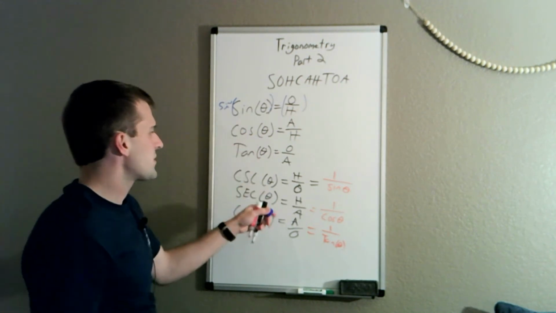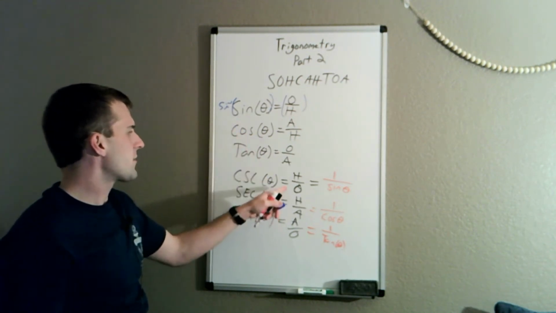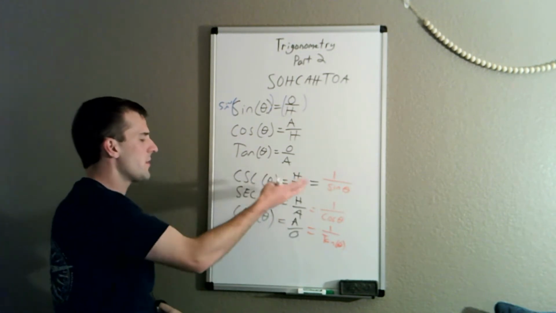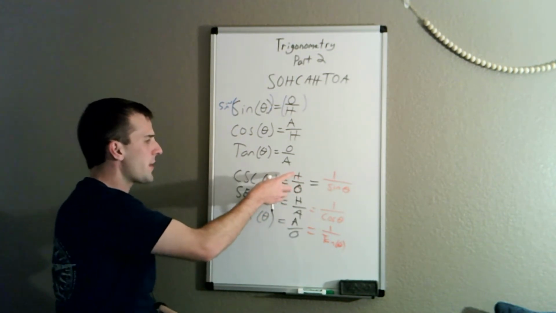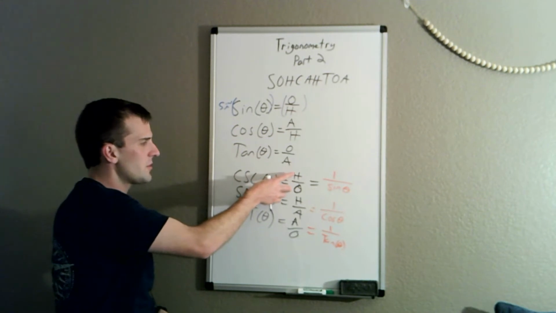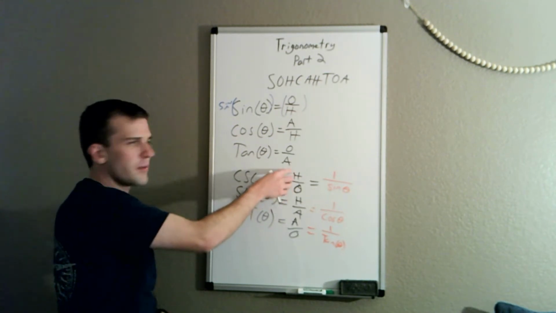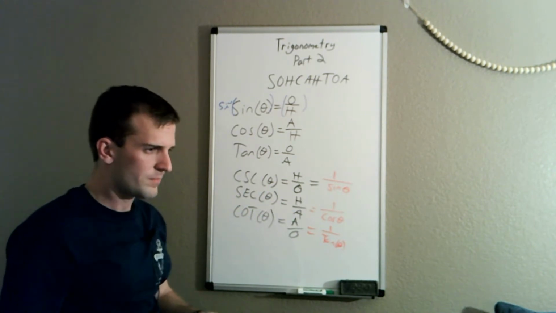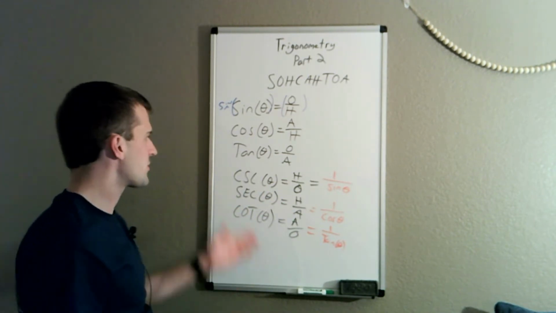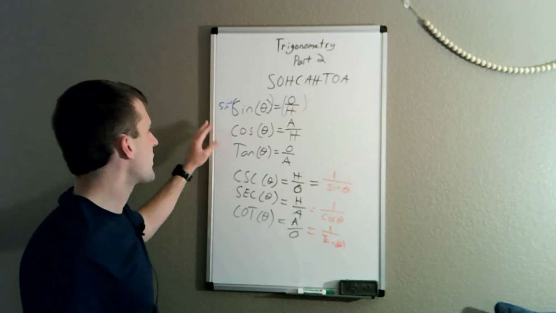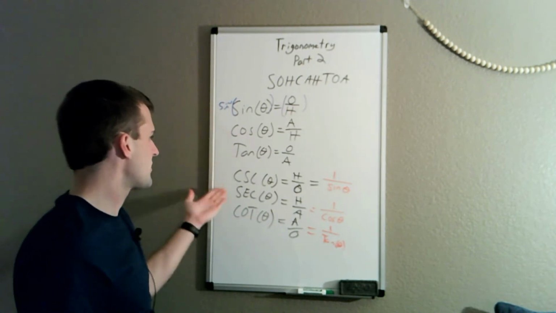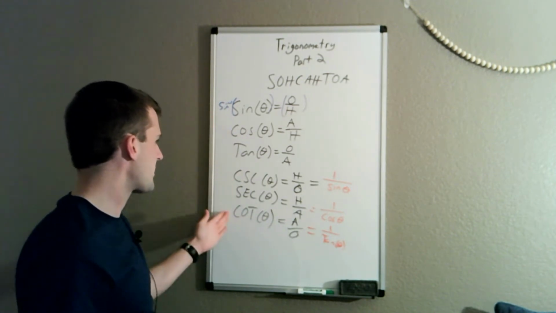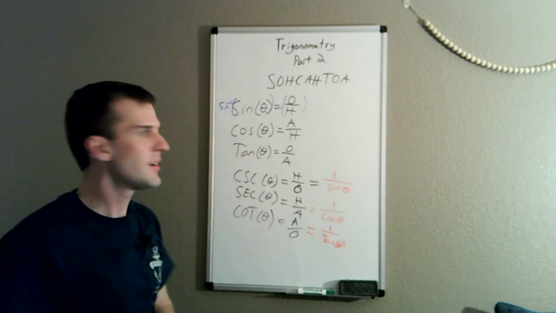When I say inverse in this case, I'm not saying this. I'm saying inverse of the fraction that this is equal to, as in I'm flipping the denominator and the numerator. So just be careful with nomenclature and how you describe the inverse functions and these next three trigonometric functions.